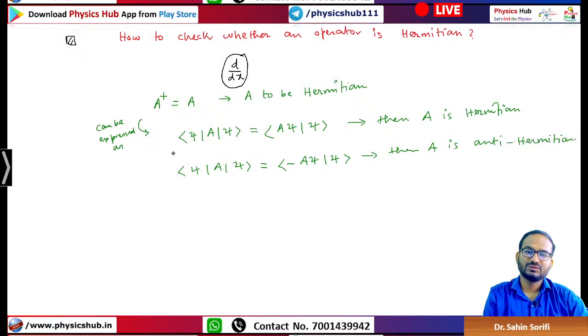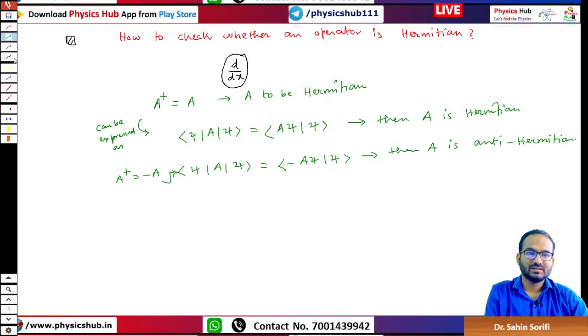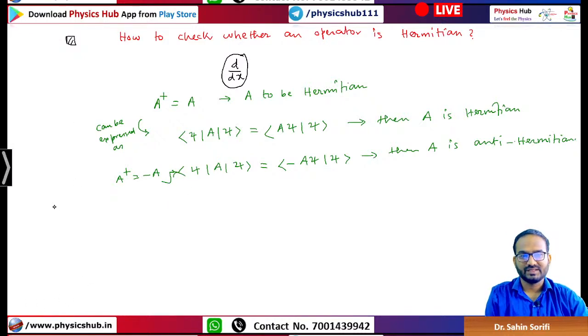So these are the two checks. Let us take the example of d/dx. We want to check whether it is Hermitian or not. So what is the criterion? We have to show that <psi|A psi> can be represented as <A psi|psi>.